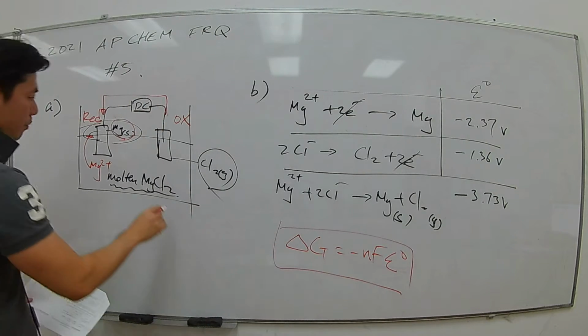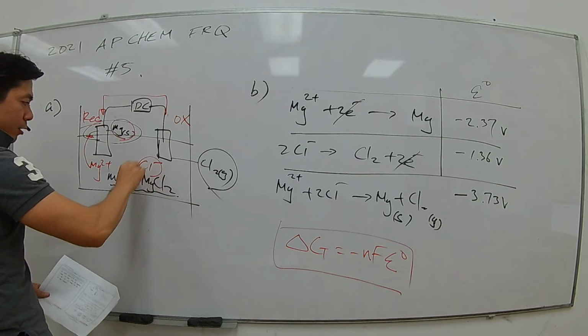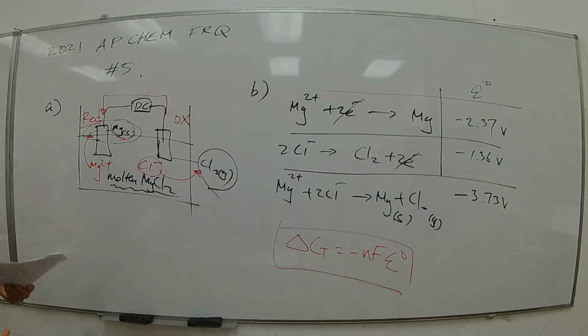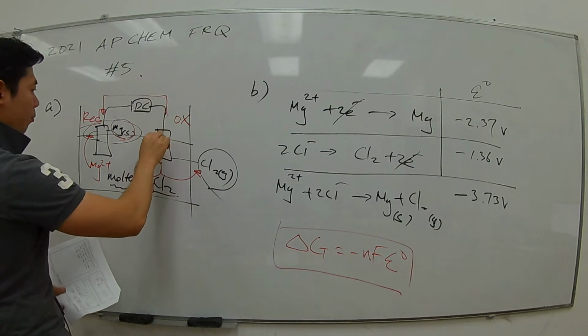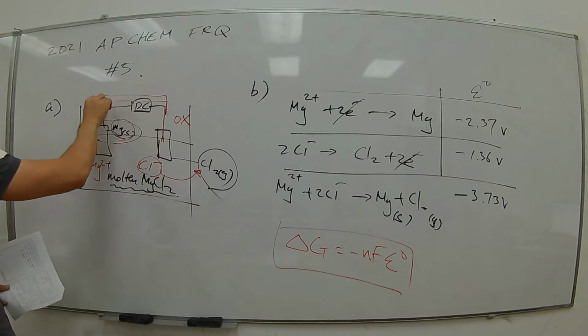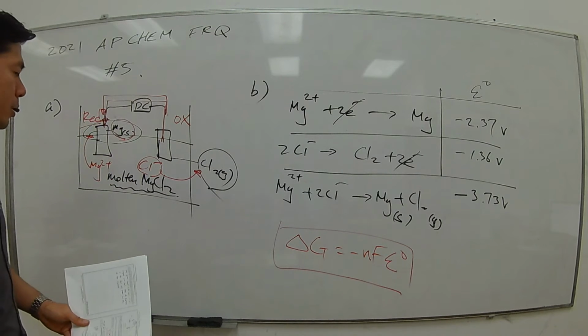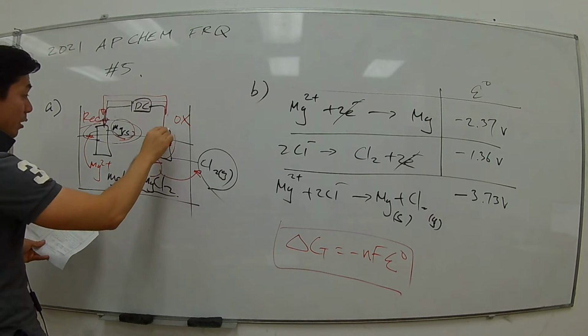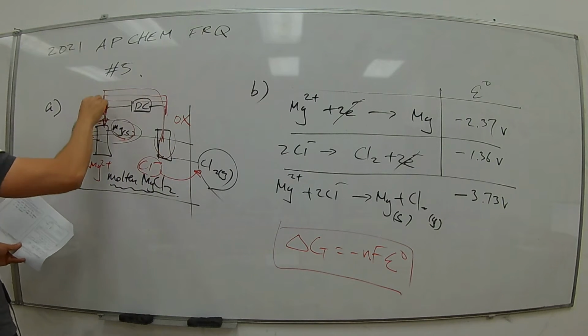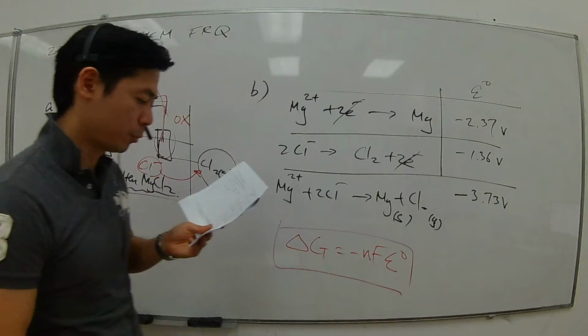And now Cl minus is turning into Cl2 gas, so that's an oxidation process. Which means electrons must travel from where the oxidation occurs to where the reduction occurs. So the arrow should be going from the anode to the cathode. This is a counterclockwise direction for part A.